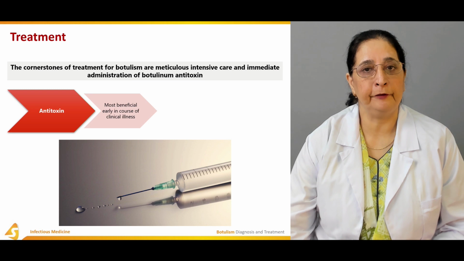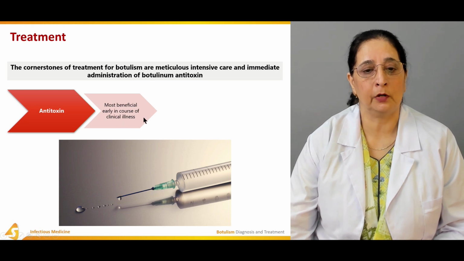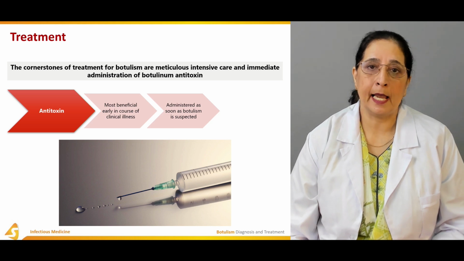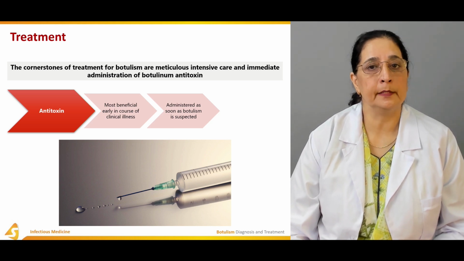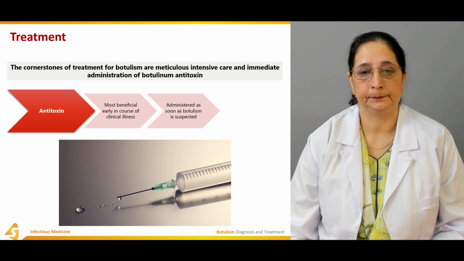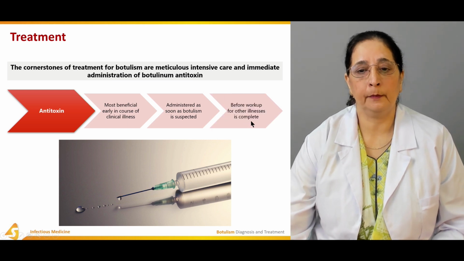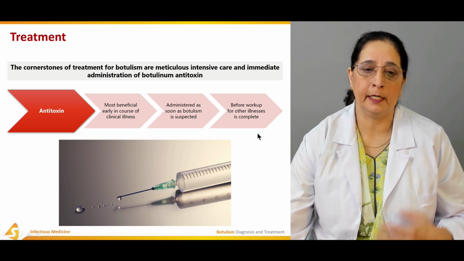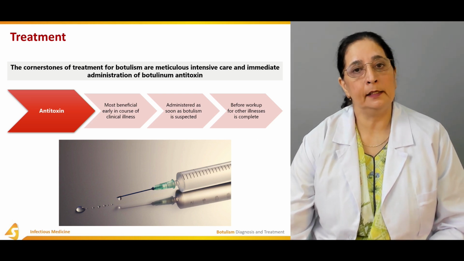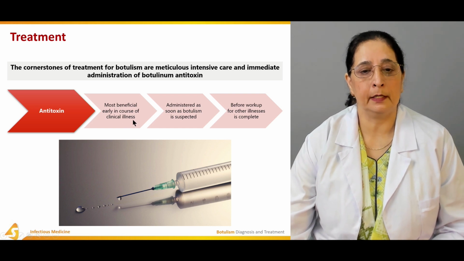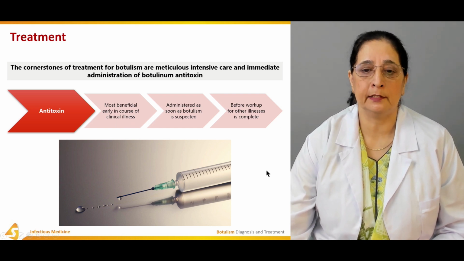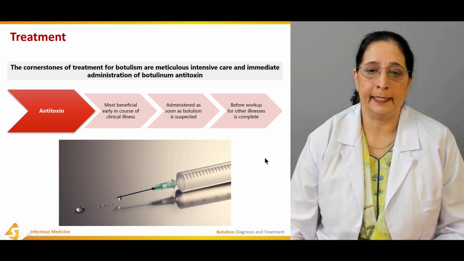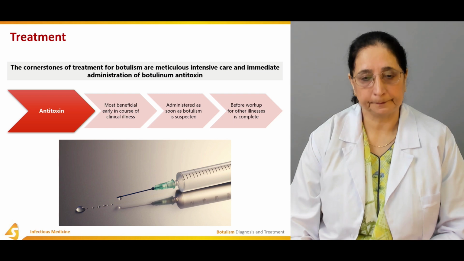Antitoxin is most beneficial early in the course of clinical illness. It is administered as soon as botulism is suspected, before workup for other illness is complete. So it's very, very important in the beginning, in the early course of illness, antitoxin is very effective before the workup for other illness is complete.